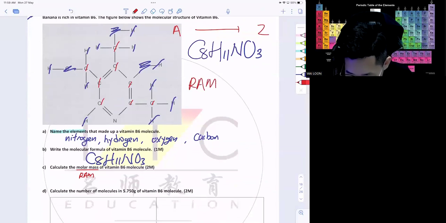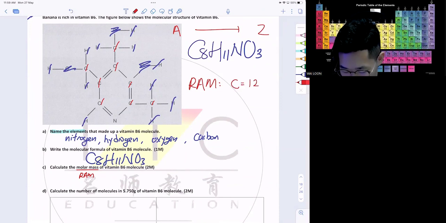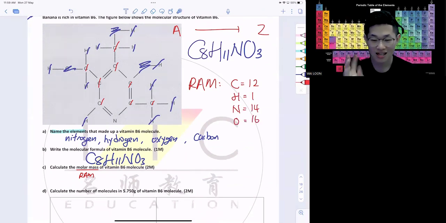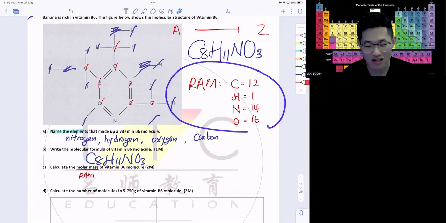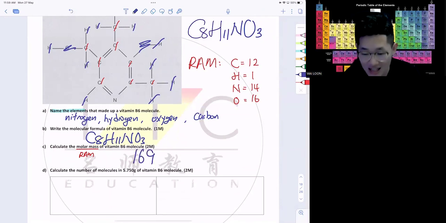Relative atomic mass for carbon is 12, hydrogen is 1, nitrogen is 14, oxygen is 16. Don't worry, they're supposed to give you this in the exam. I forgot. Okay, that is 169.